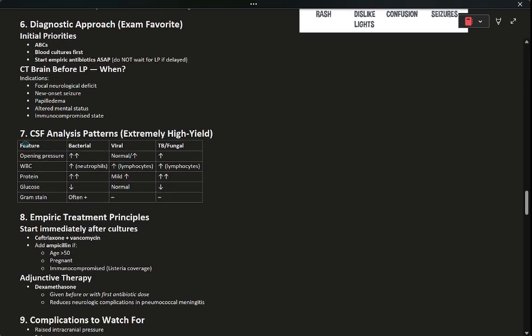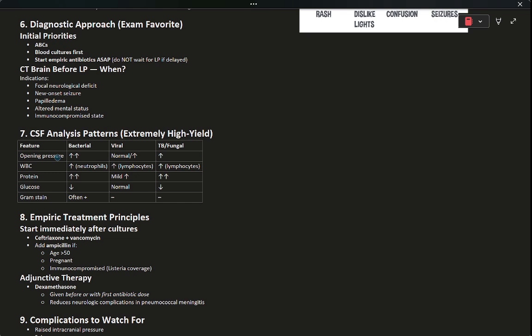And then, once we get the lumbar puncture done and we have the cerebrospinal fluid sample, now we can analyze the components in the CSF. So the first thing to look for is the opening pressure.